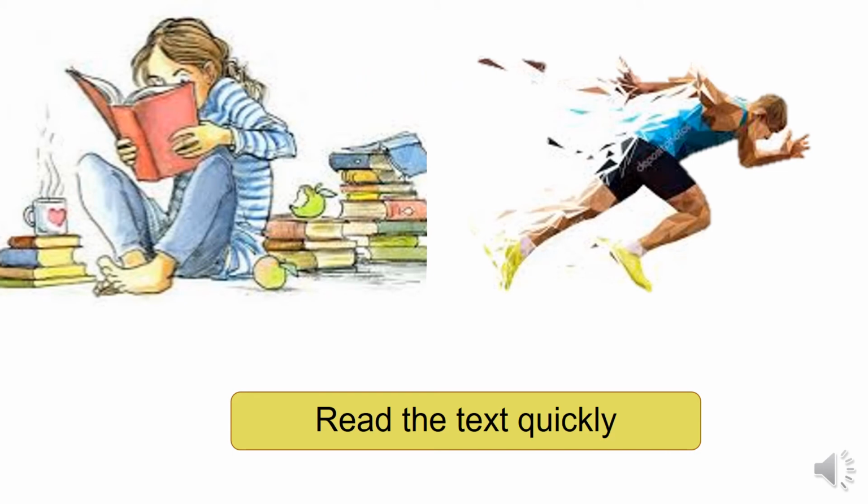Read the text quickly. Most students jump straight into filling in the gaps and they are surprised when they make a lot of mistakes. One thing that can definitely help you is to read the text quickly before you do anything else.